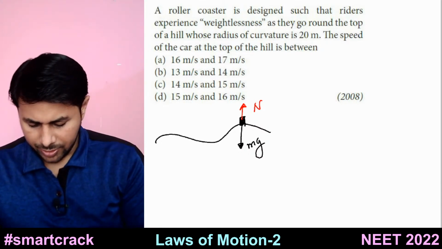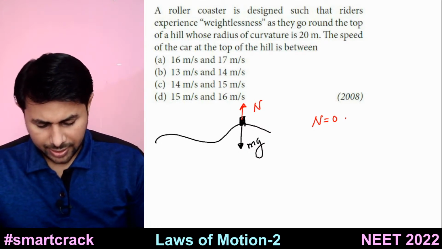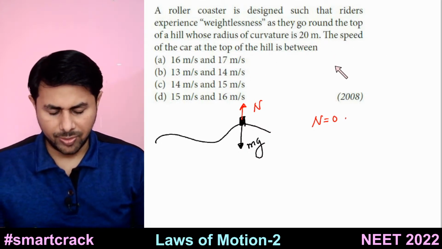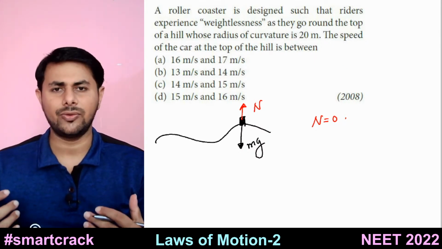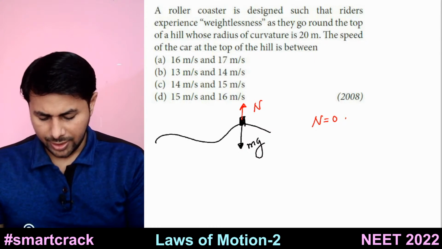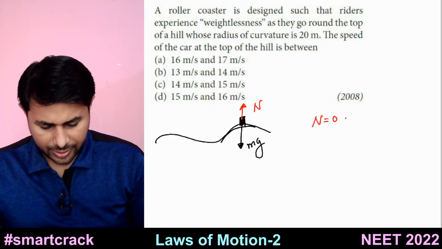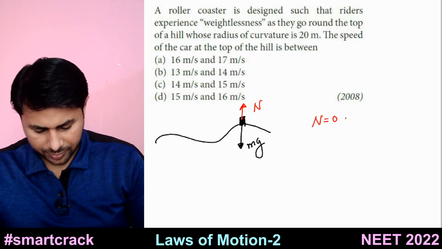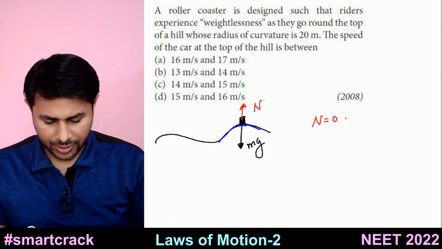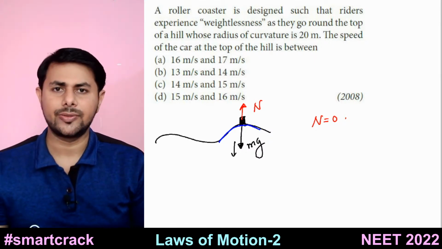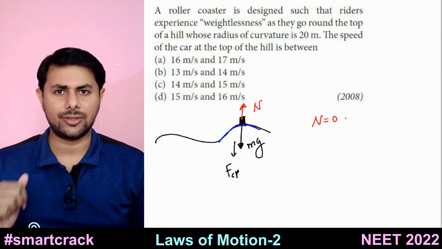So for weightlessness, N should be equal to 0, and in that case, the speed of the car at the top of the hill is between. This is the question. What should be the speed of the car so that you will feel weightless? Now here you are performing circular motion, and for this there will be some centripetal force needed, F CP, which is directed along the radius and towards the center.